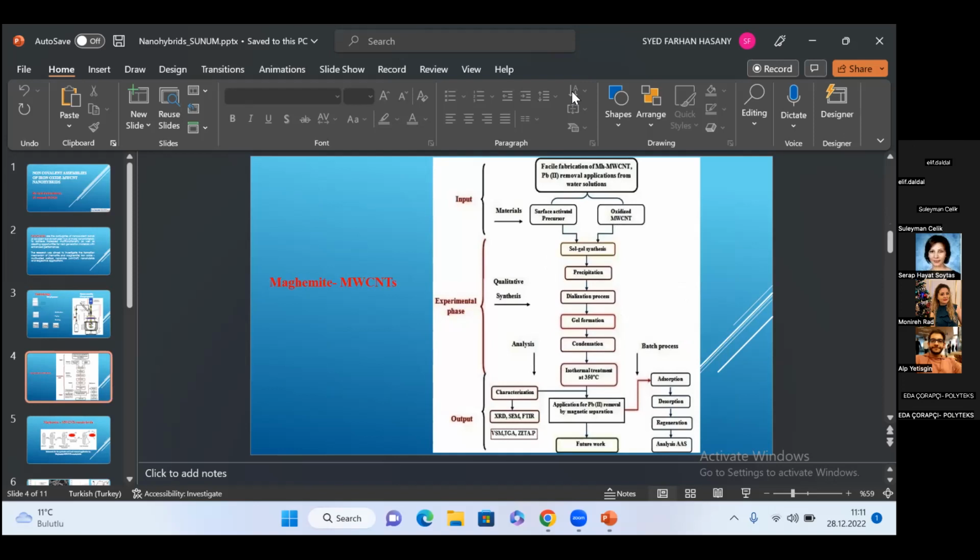The methodology comprised largely of two main parts. The first is the surface activation of carbon nanotubes by using a strong oxidizing agent, mainly nitric acid, at 60 degrees Celsius for 6 hours, after which the material was neutralized, washed and dried for further application.